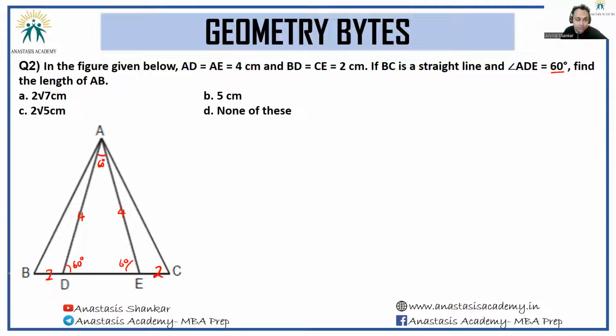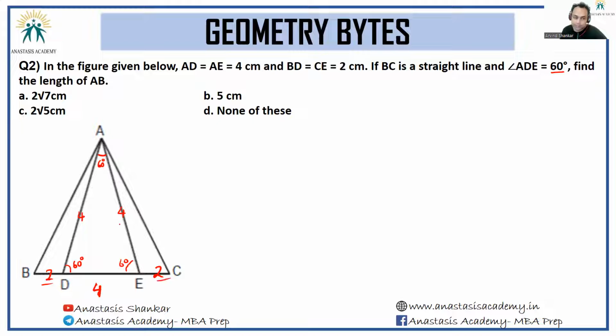Find the length of AB. Okay. The good thing to see here is, given that ADE is effectively an equilateral triangle, DE will also be 4. But in addition to that, can you see that ADB and AEC are congruent triangles?